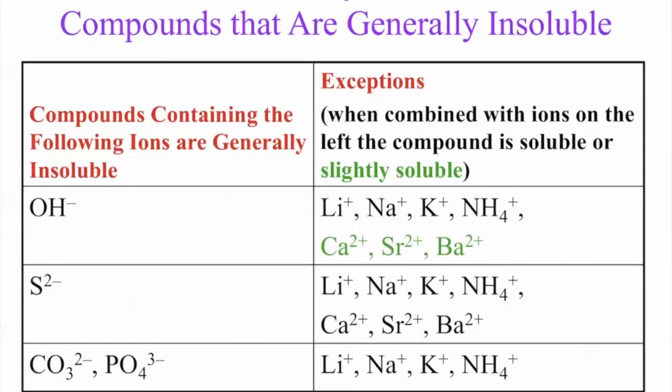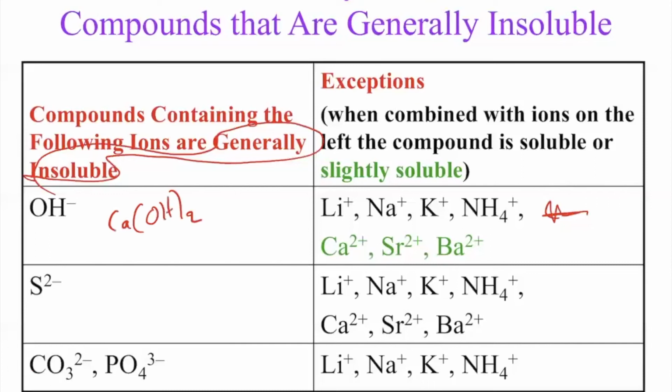Now here's another chart with the opposite. These compounds are generally insoluble except when you mix them with this. For example, let's say calcium hydroxide. Hydroxide is here, so they're saying it's insoluble, but calcium is not here, so this will be solid.